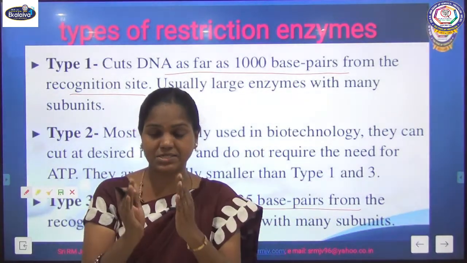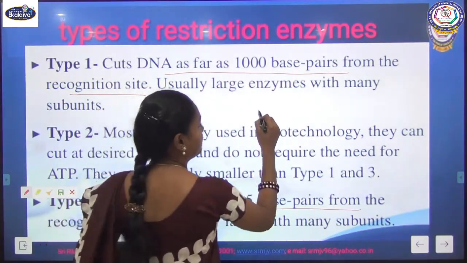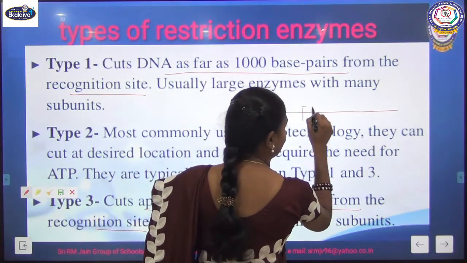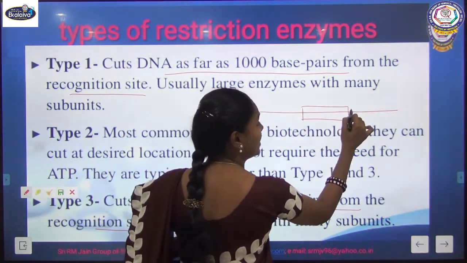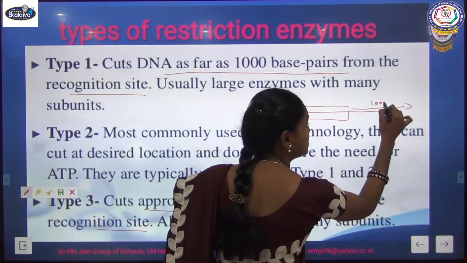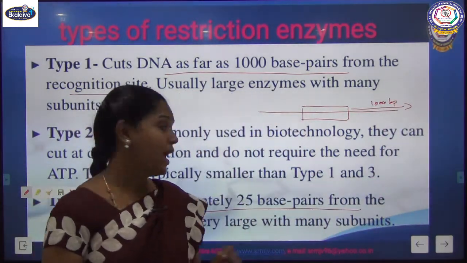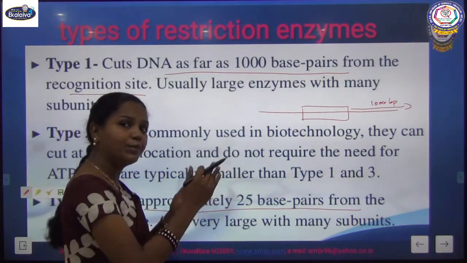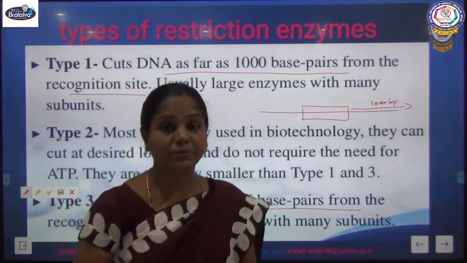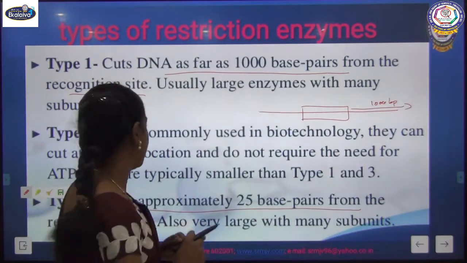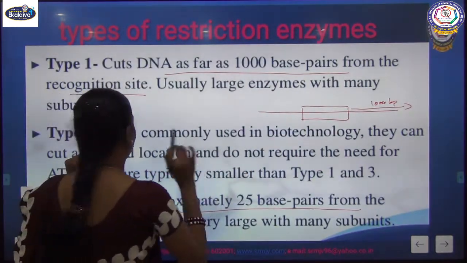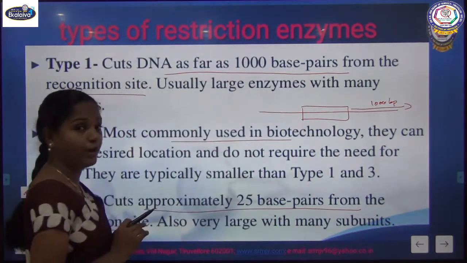For example, this is our DNA strand and this is the recognition sequence. From here it can go up to 1000 base pairs to make the cut, so it is not a specific cut. And here also it can go for 25 base pairs. But type 2 restriction enzymes are most commonly used in biotechnology. Why?